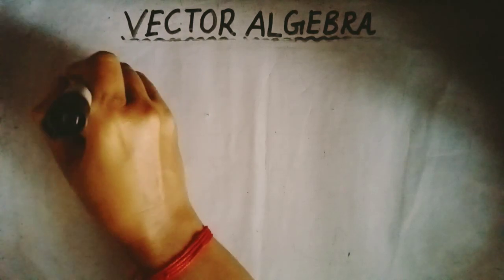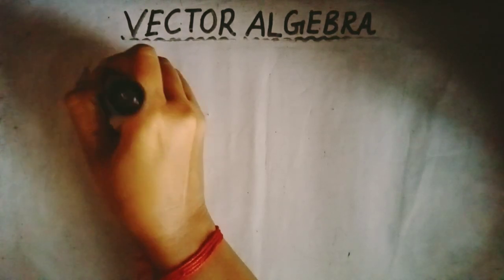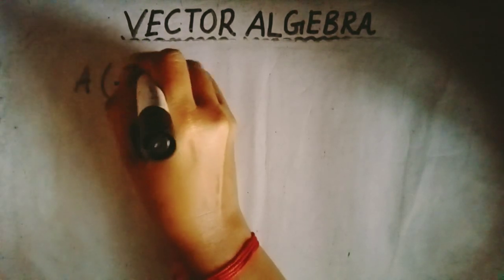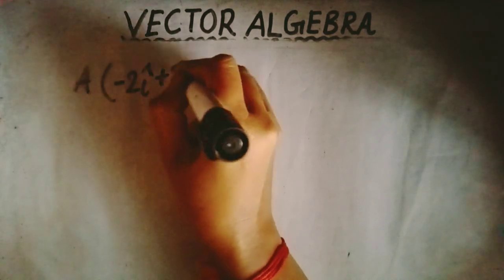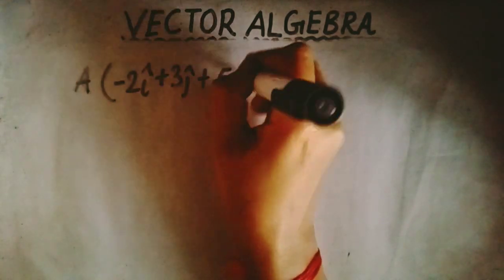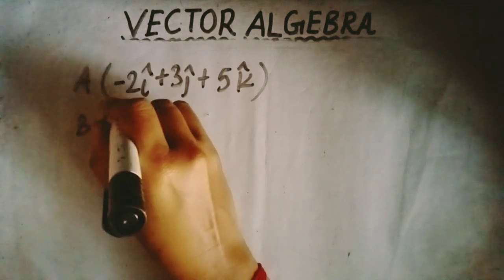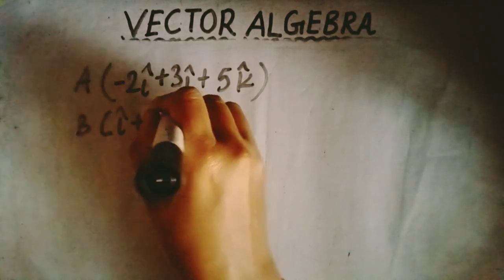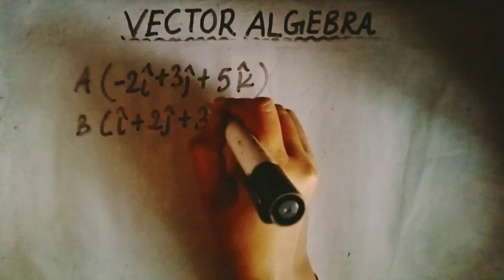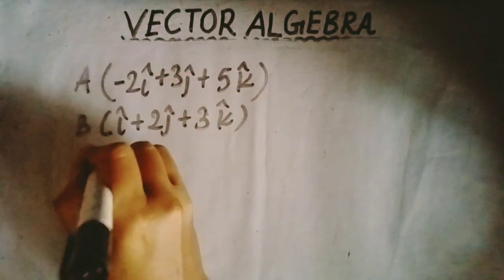Okay, let's solve one example. Show that the points A, B, C are collinear. So you have to make use of triangle inequality. Okay, so equality sign you have to use. So A vector is given, B vector and C vector.